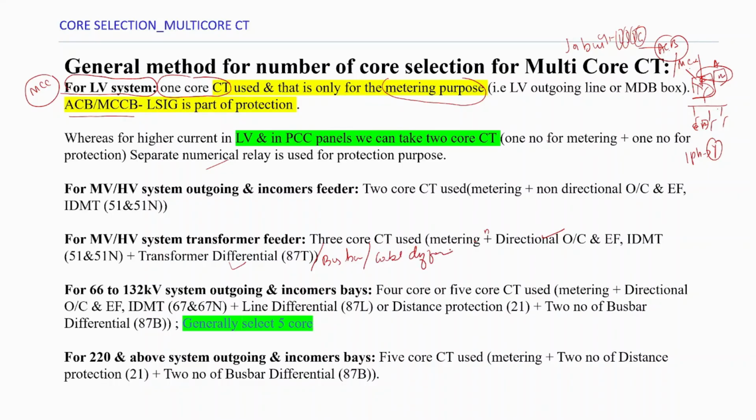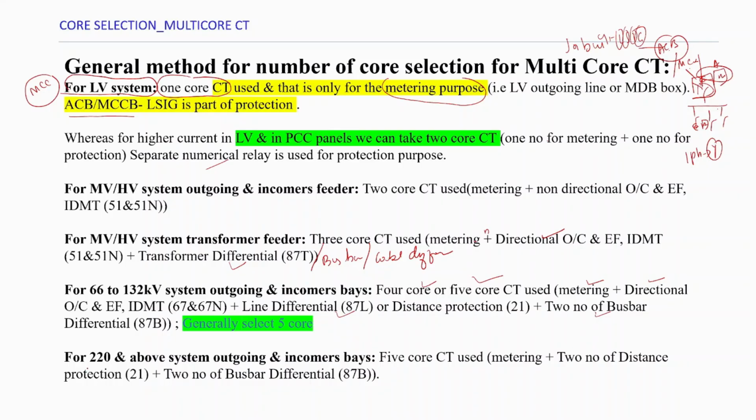When you go to 66 and 132 kV systems, we are using 4 core CTs or 5 core CTs: one for metering, another for directional overcurrent and earth fault or non-directional overcurrent and earth fault, line differential protection, then bus bar differential protection will be used.